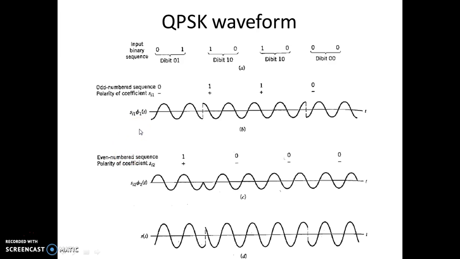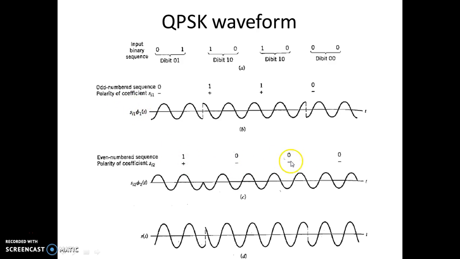And we know our transmitted signal Si of t is Si1 phi1 of t plus Si2 into phi2 of t. Phi1 of t is the first basis function that is getting multiplied with Si1. And all these symbols, minus, plus, plus, minus, they are the signs of Si1.